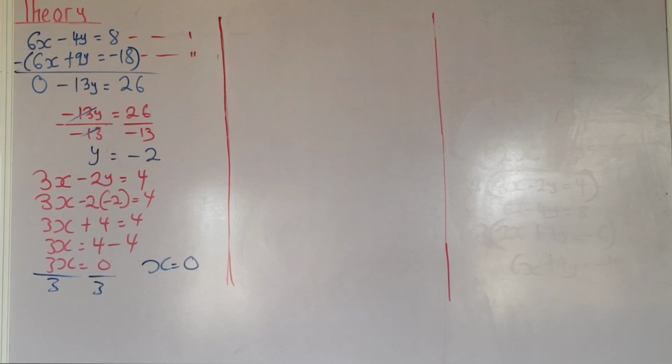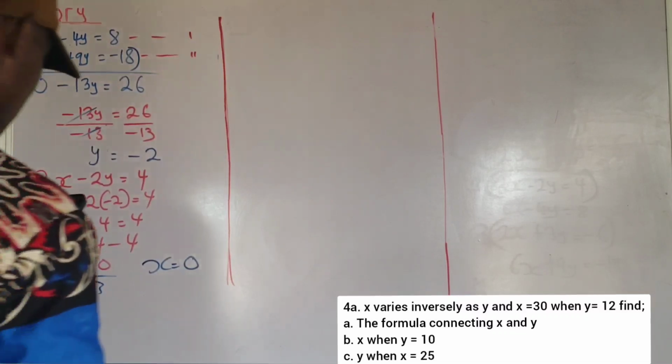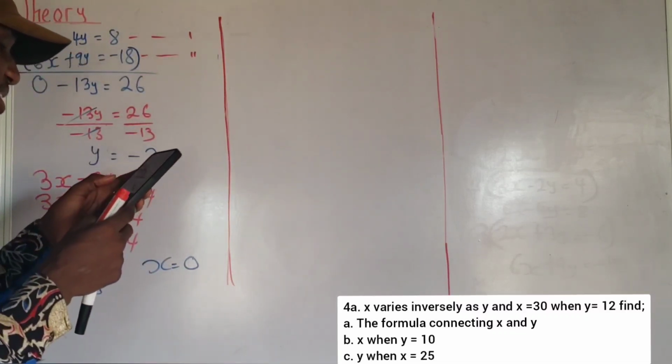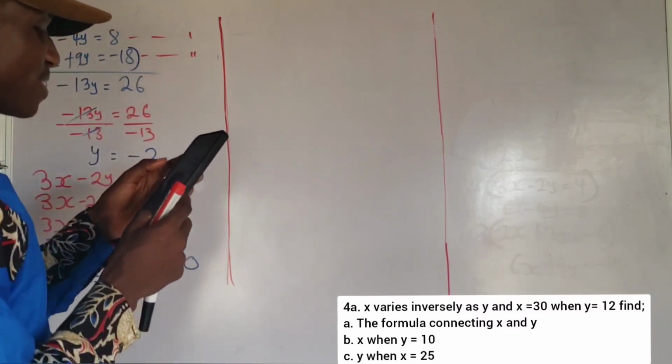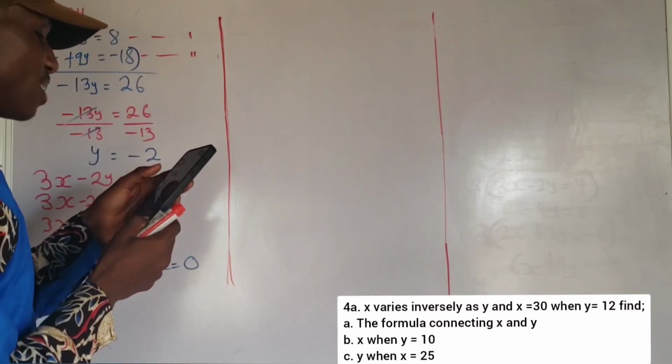Okay? Now, let us proceed to the last question, which is question number 4. Question number 4 is on variation. We are given that x varies inversely as y, and x is equal to 30 when y is equal to 12.